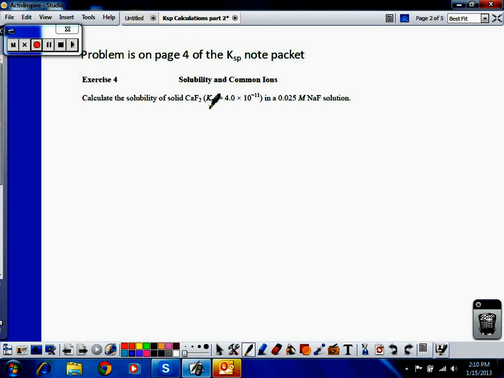Well, I do have my Ksp value given, so I should be able to do this. First thing, equation. Second thing, Ksp expression.